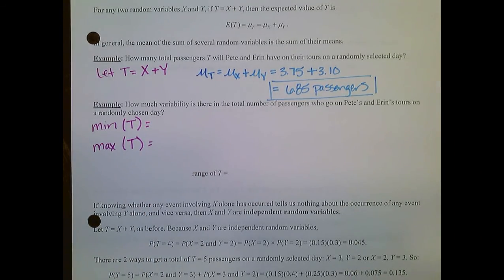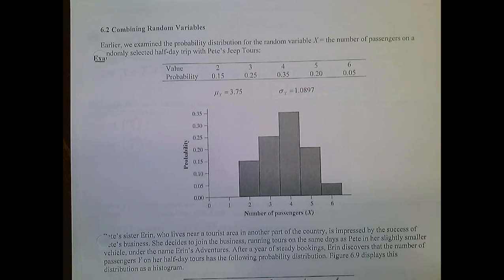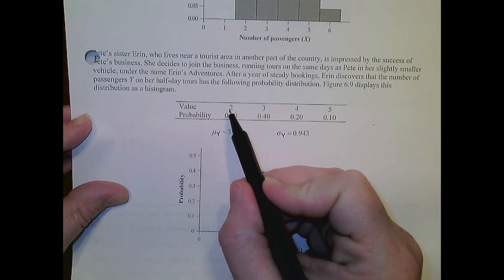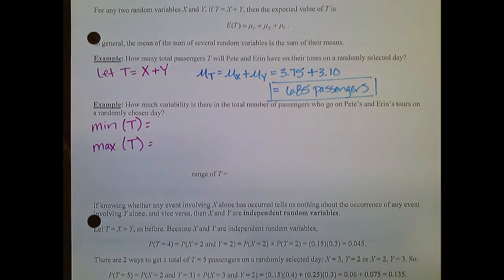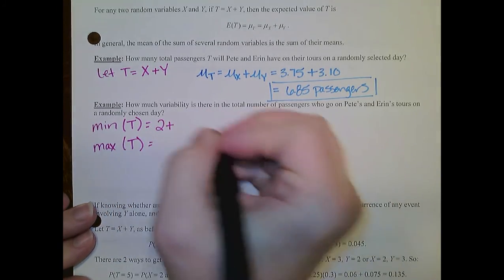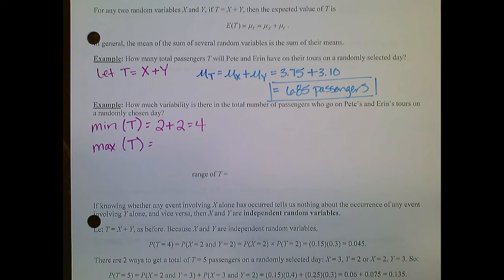So if we go back to the distributions, we know that the minimum number of passengers that Pete would carry is 2. And they've also given us that the minimum number of passengers that Aaron will carry is 2. So the minimum that they could have total would be Pete's smallest amount, 2, plus Aaron's smallest amount, 2. The minimum that they would carry on any particular day then would be 4.